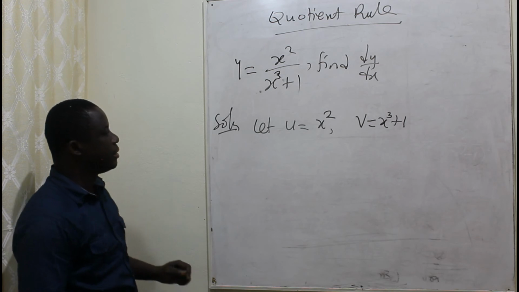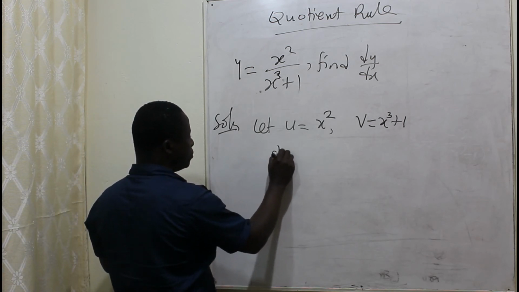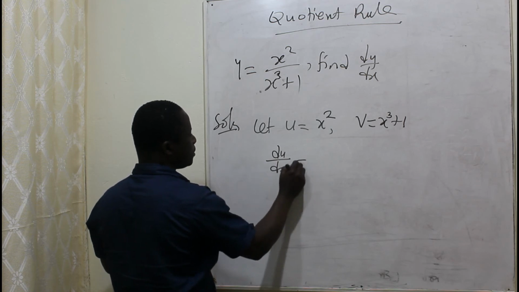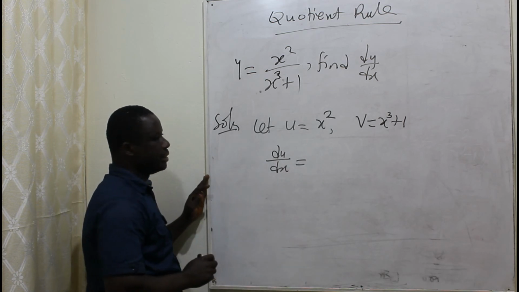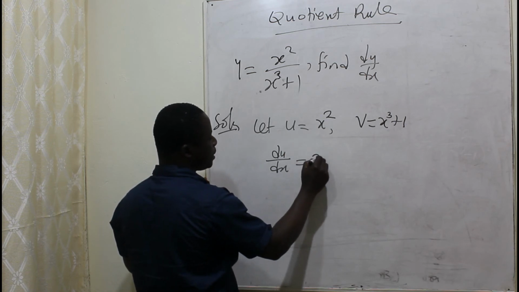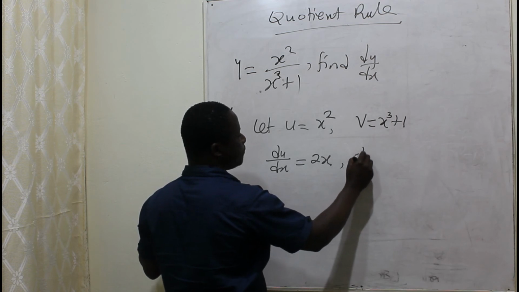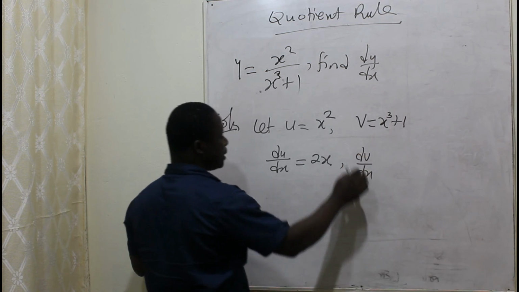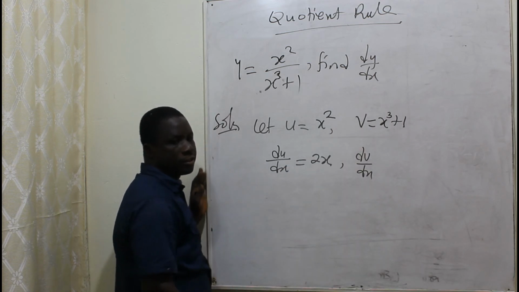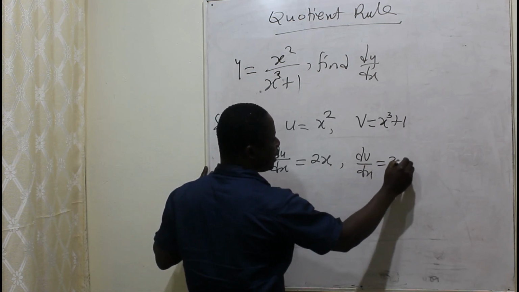Then we find du/dx. To get du/dx, we are differentiating u with respect to x, and that one will be 2x. Then we also find dv/dx. That is differentiate v with respect to x, and it will be 3x squared.